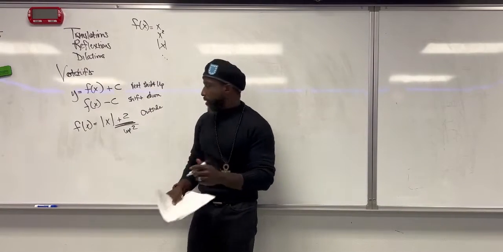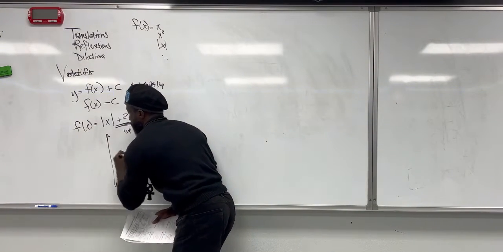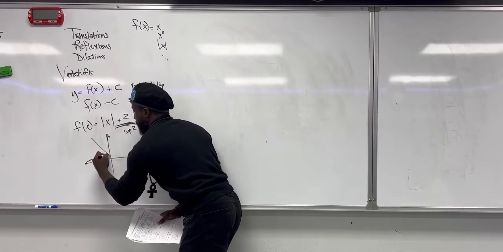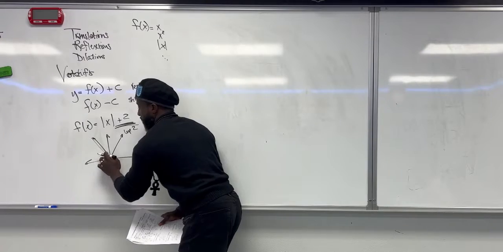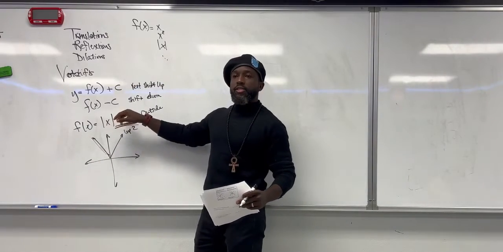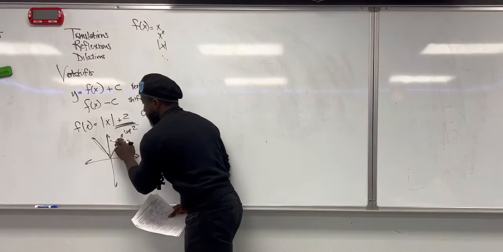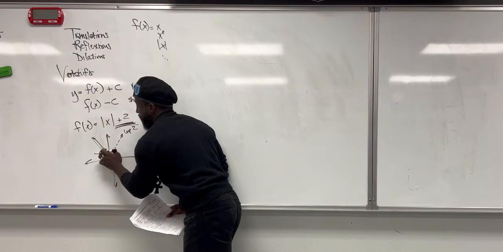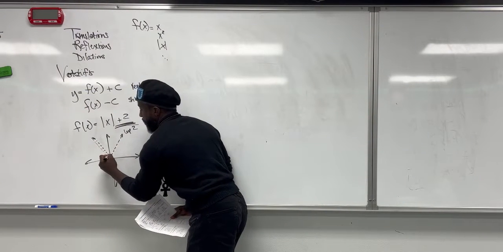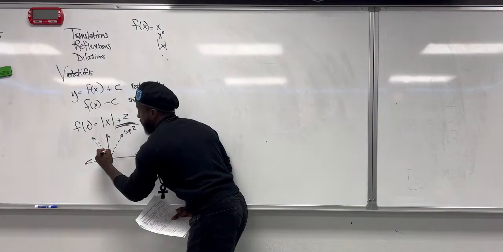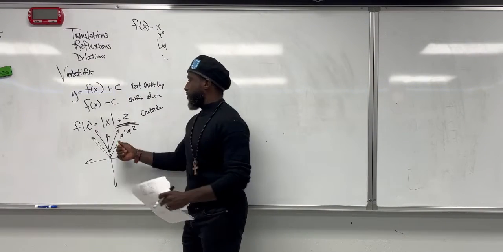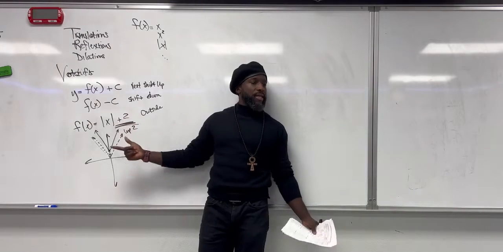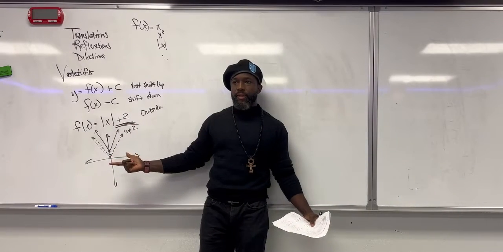When I graph this, the parent function, the absolute value of x, looks like this. The new function, absolute value of x plus 2, if I dash this, goes up 2 units, 1, 2, and does the exact same thing. This is what the new function looks like, and this 2 told it that it did that. You feel me?